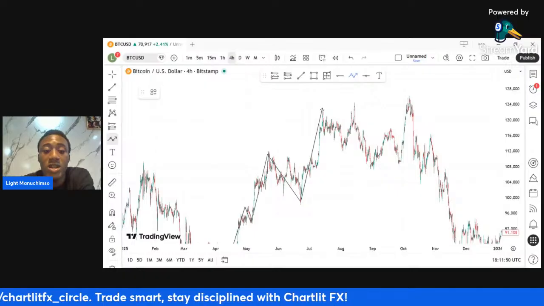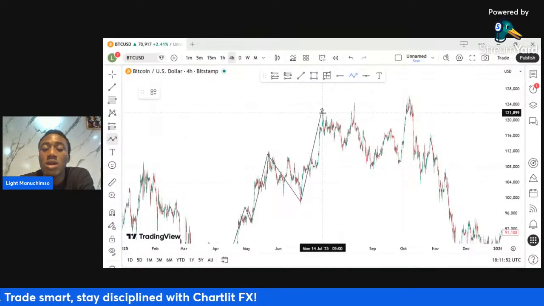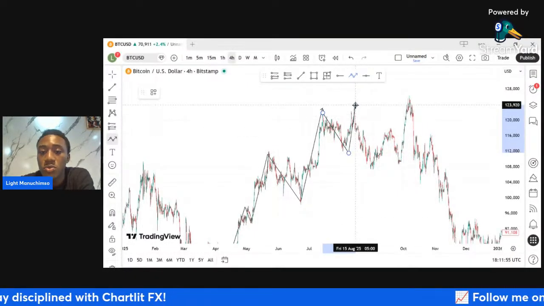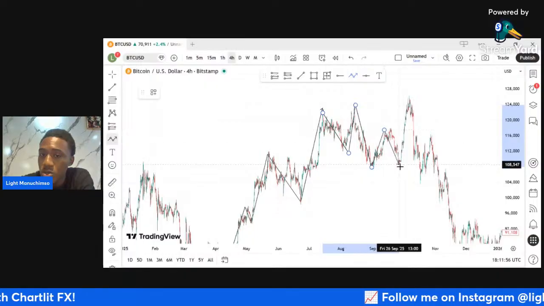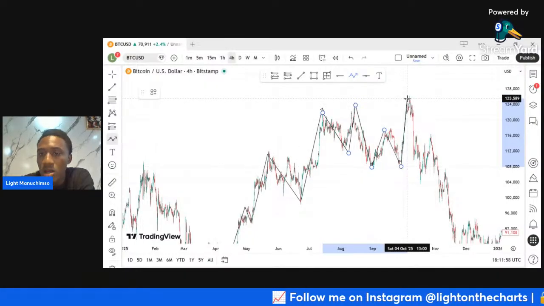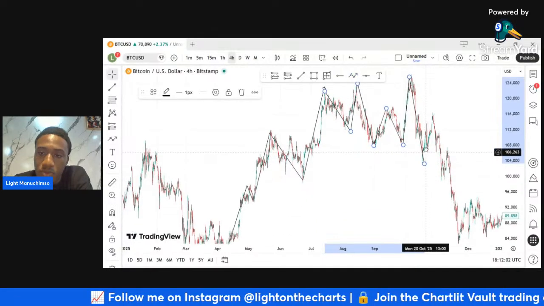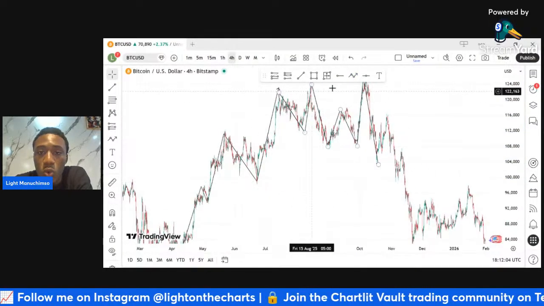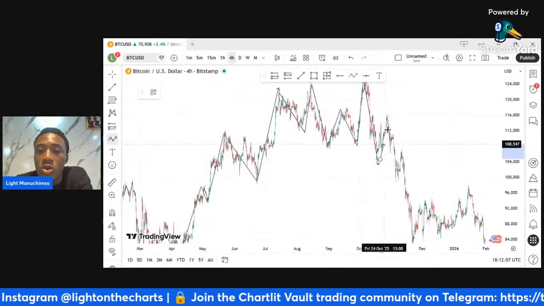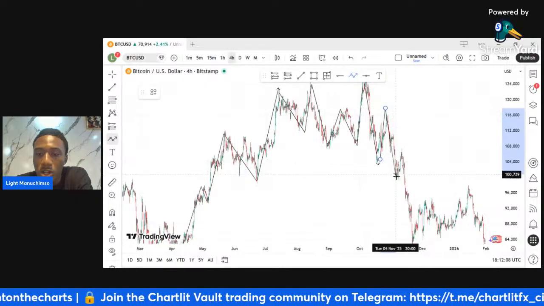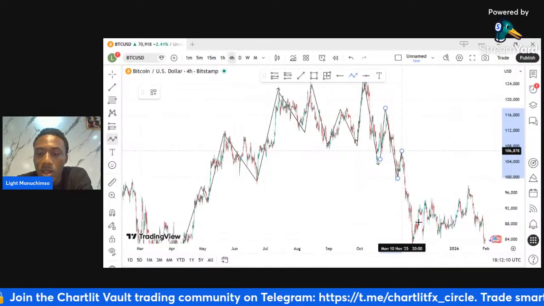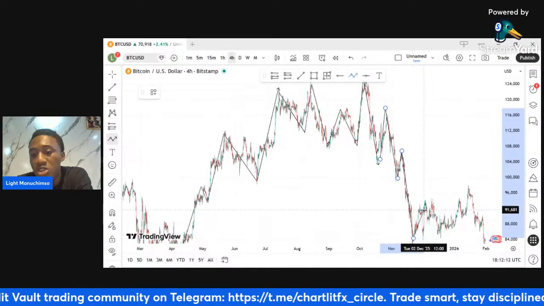BTC USD. And then it drops, consolidates for a while, and then finally drops, creating a lower high, lower low, another lower high, another lower low, lower high, lower low, and then starts ranging.